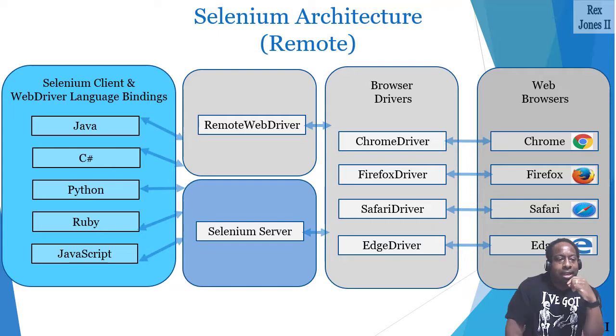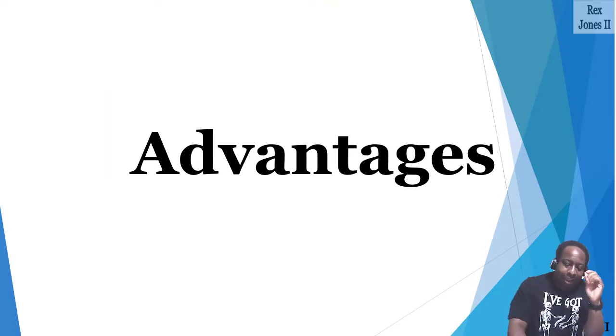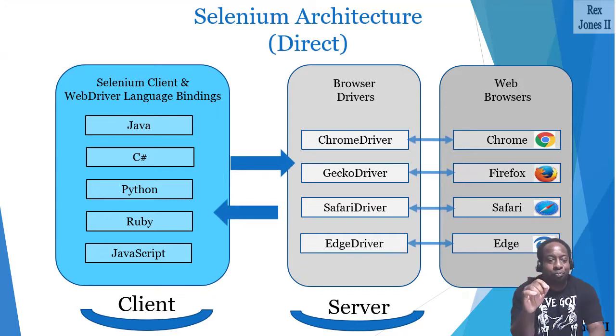For W3C WebDriver protocol, the advantages are standards, stability, and actions. W3C stands for World Wide Web Consortium, which is an international group of people that create long-term standards for the web.